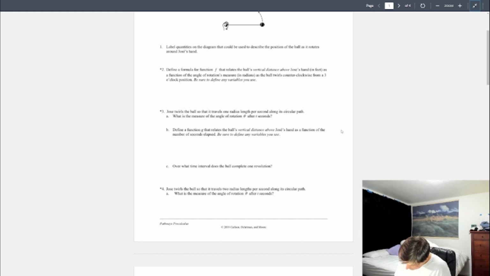Equals vertical distance, open parenthesis, radius length. That's cool. Since t is exactly theta, then all you need is, and t is converting into theta in radians, and sine just takes radians.